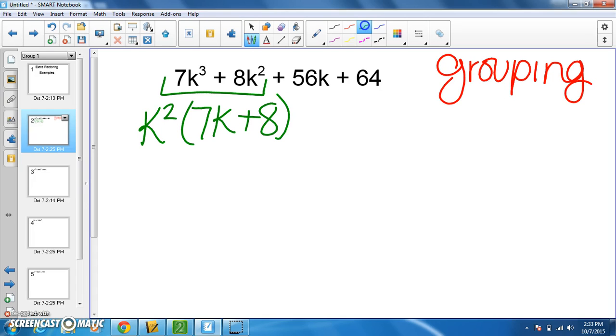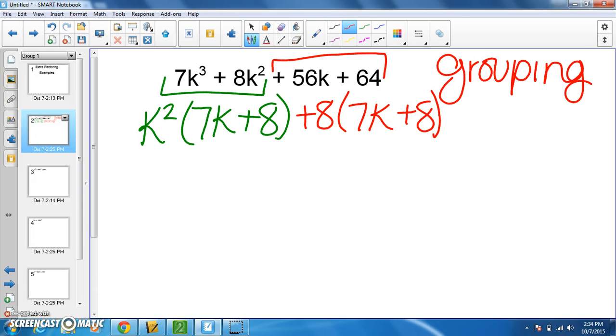I need to multiply by 8. Then I look at my second group and find that my common factor in my second group is 8. So a positive 8 I'm going to be dividing out. So 56k divided by 8 is 7k. 64 divided by 8 is plus 8.